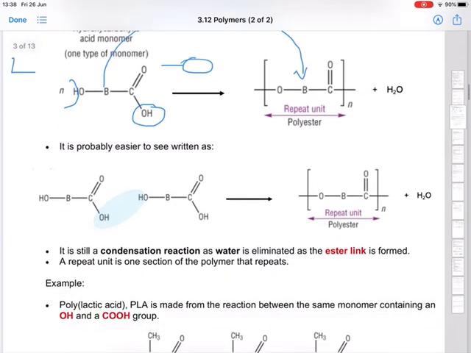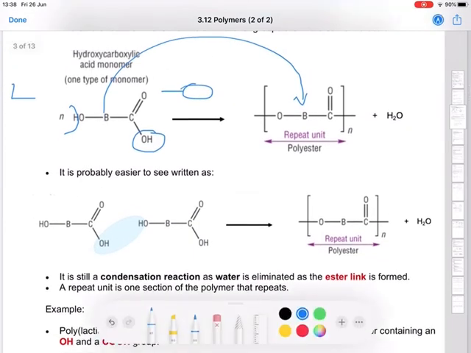In terms of the reaction that's occurring, it's identical to your esterification reaction, just like before. We cut where the carbonyl and the OH, we cut the hydrogen off the carboxylic acid, and we go again there, and we go again here.